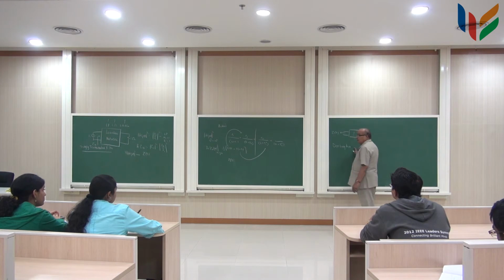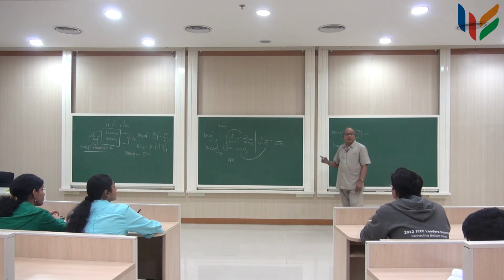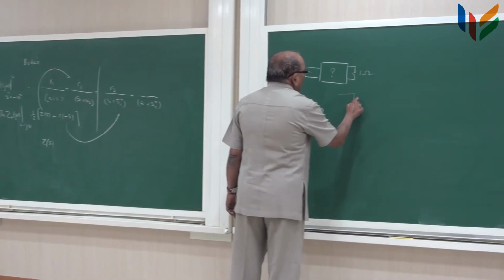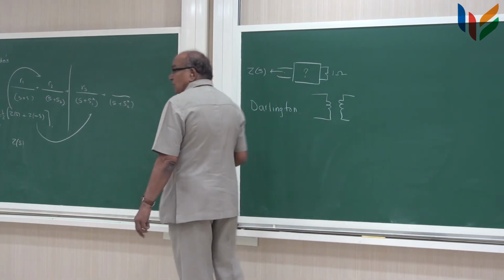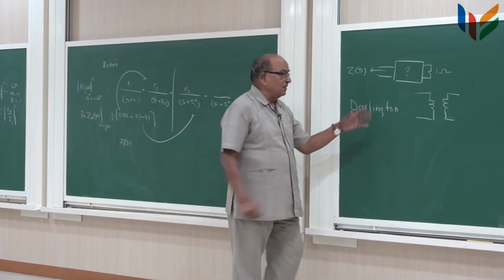But unfortunately, the Darlington method requires ideal transformers. You require ideal transformers in addition to resistors, inductors and capacitors. You know what an ideal transformer is. We read in 101 that there should be no inductors, capacitors, nothing of that.